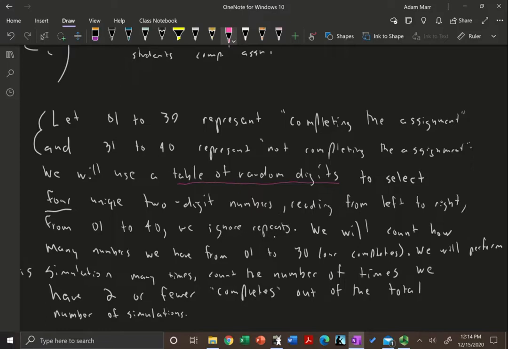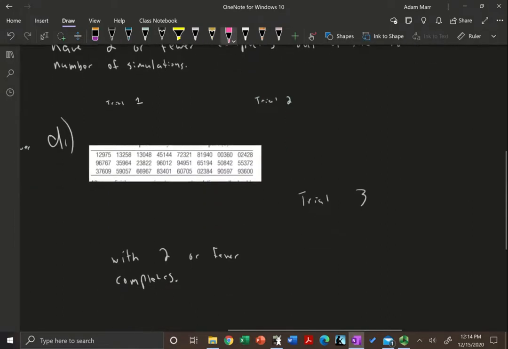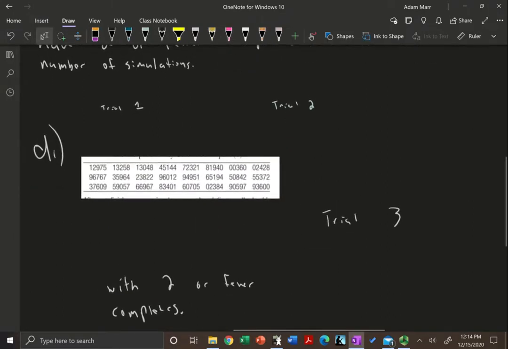We will ignore repeats. And then we're going to count how many numbers we have. So then we state, okay, how are we going to answer this question? We count how many numbers we have from 1 to 30. We'll perform this simulation many times, count the number of times we have 2 or fewer completes out of the total number of simulations. All right, so let's go and do this trial right now.